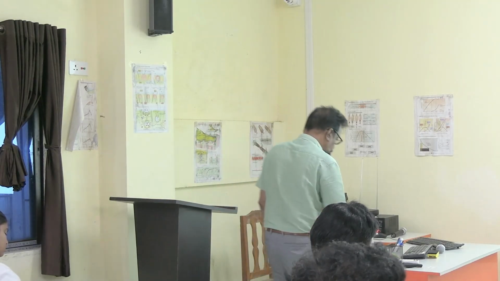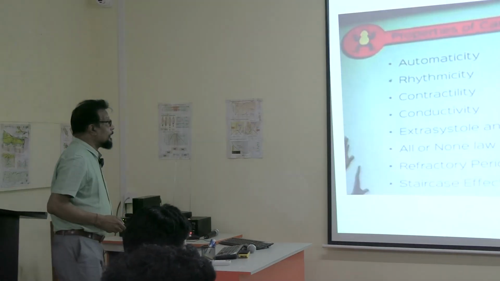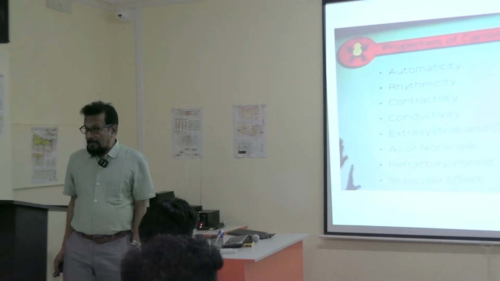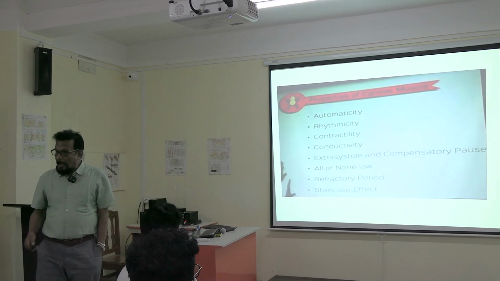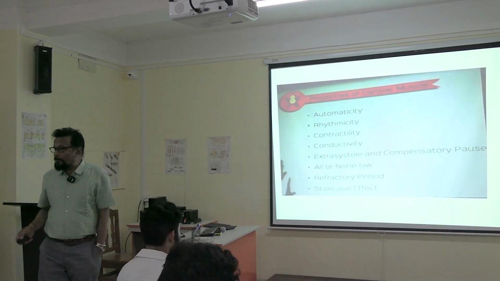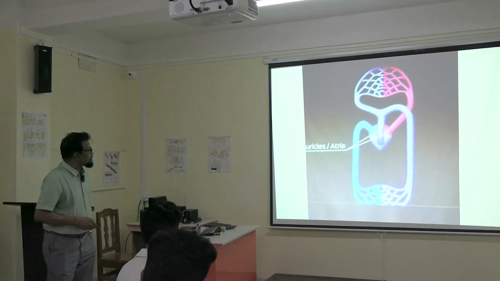In the cardiogram, we demonstrate the mechanical activity of the heart, not the electrical activity. In ECG, we record the electrical activity of the heart. So here we are recording the mechanical activity of the heart. So these are the properties of the heart, and out of these, some properties we will demonstrate through different experiments.